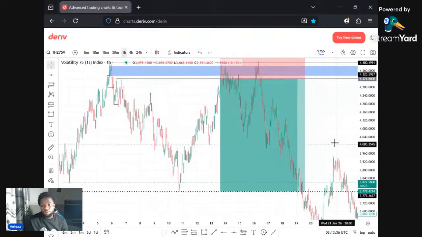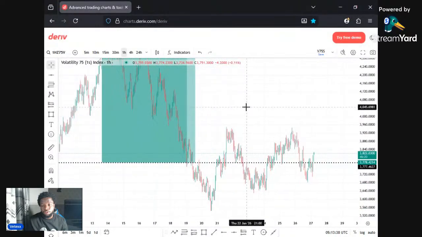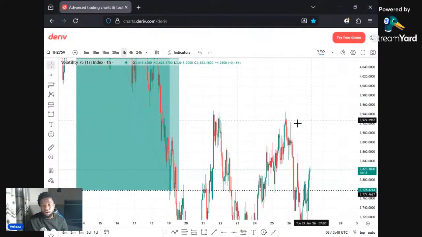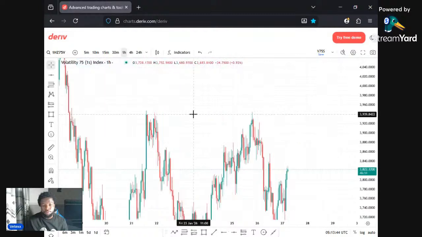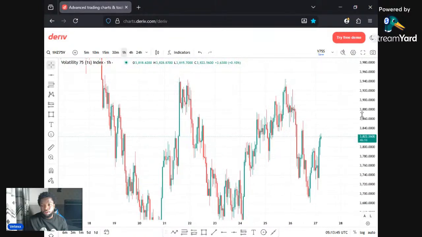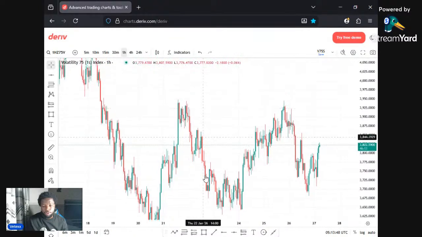Okay, so now let's check the next point of interest. Let's check what is happening next. As you can see clearly here, we have another continuation on the 1-hour time frame. We have our sweep of liquidity, which is here.